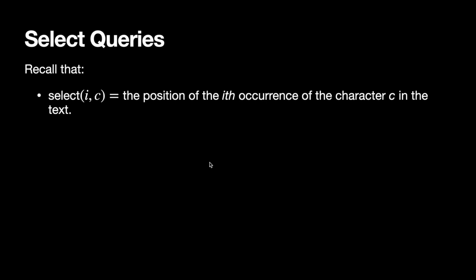For select queries, we are working with a very similar select function, which also takes, like rank, a parameter i representing a position and a character C. And it's going to return the position of the ith occurrence of the character C in whatever our text is.